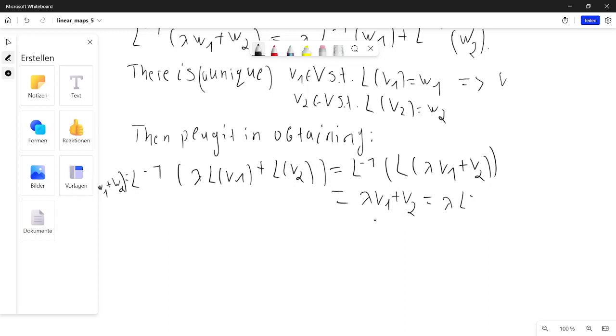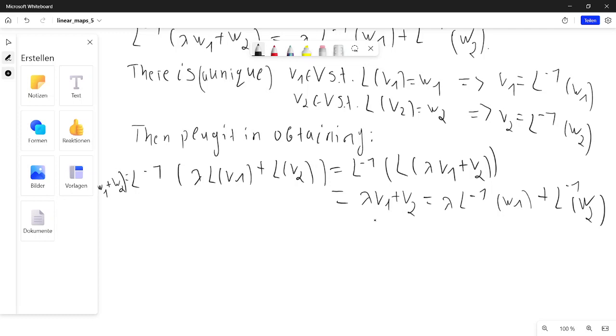So we have V1 is equal to L minus 1 of W1, and that I plug in here, and the same for V2, which is L minus 1 of W2.